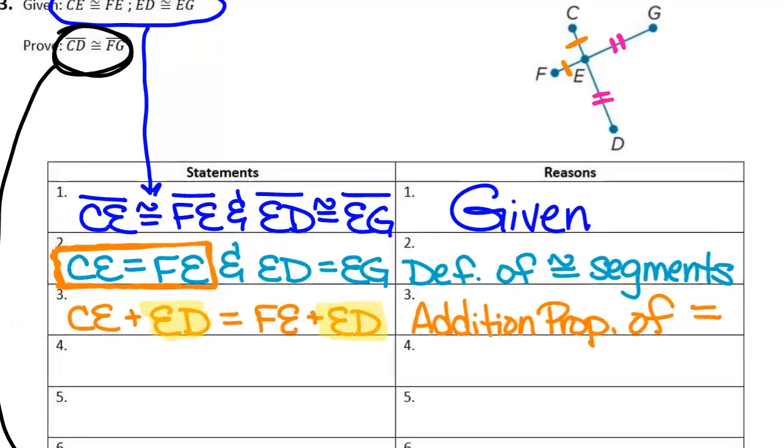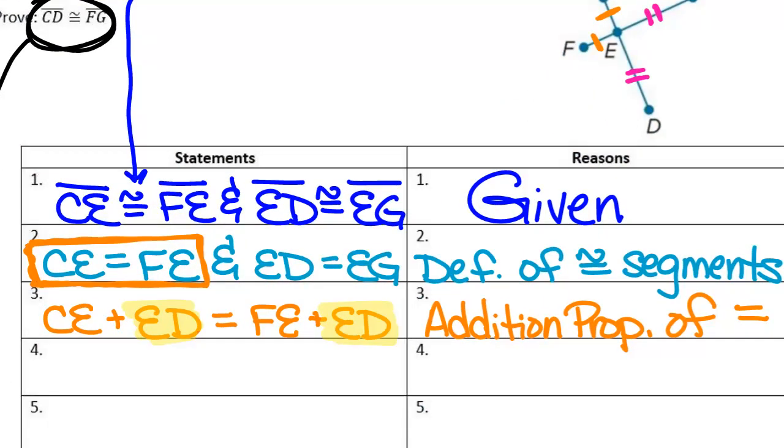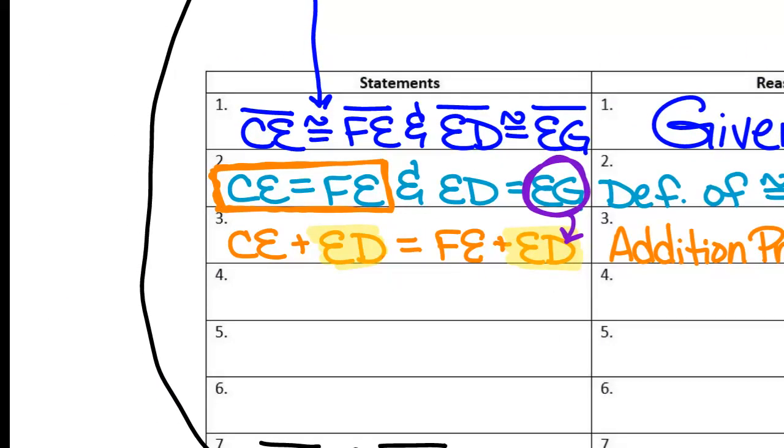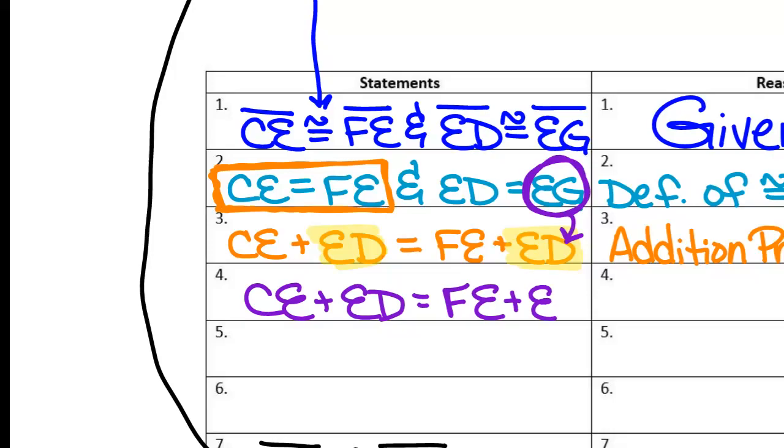Do I know something that's the same size as ED? EG. I'm going to take EG and replace ED with EG. So I have CE plus ED equals FE plus EG.